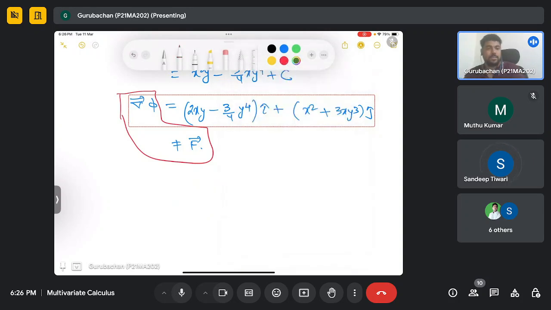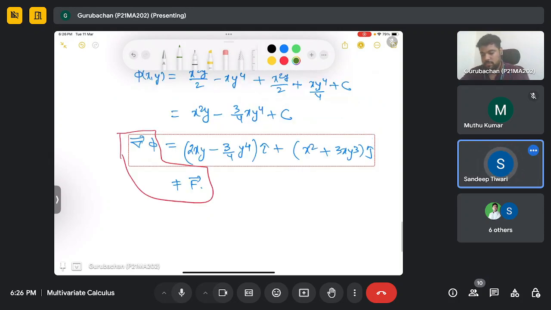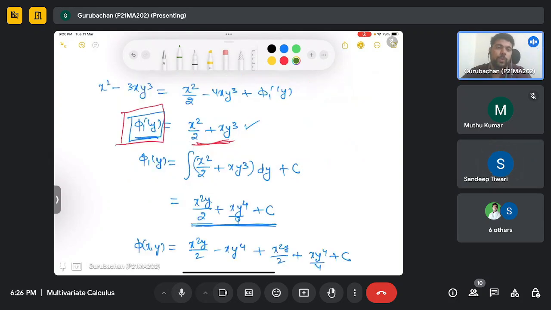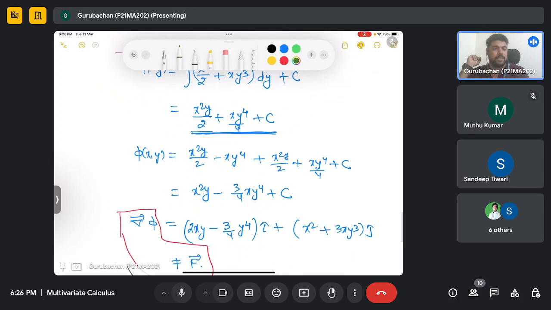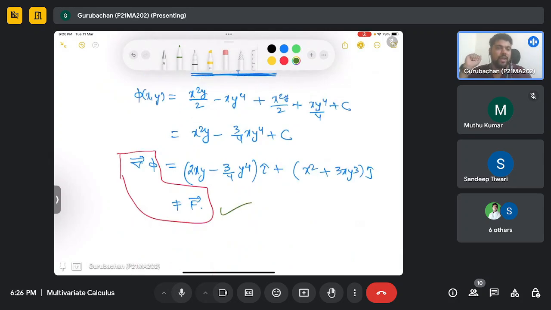Sir, is your integration valid, sir? How did you proceed, sir, from phi 1 dash y to phi 1? I already told you that there are three reasons. One reason is this, that we don't need to proceed after this. Another reason is that del phi is not equal to f, and the smarter way is to first calculate the curl f.